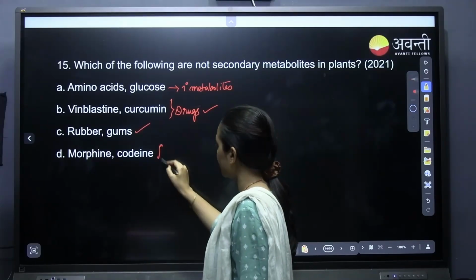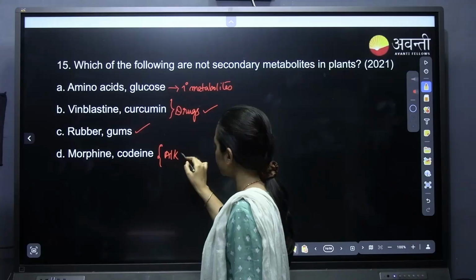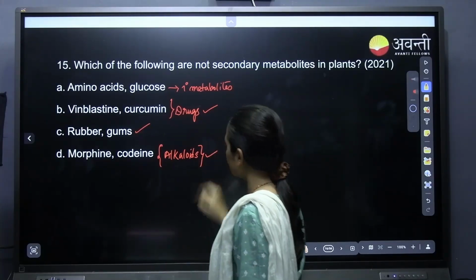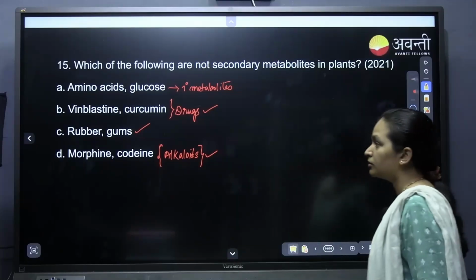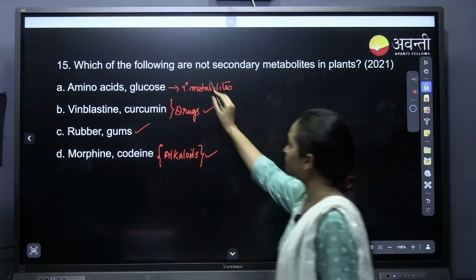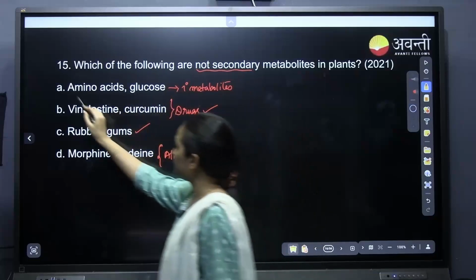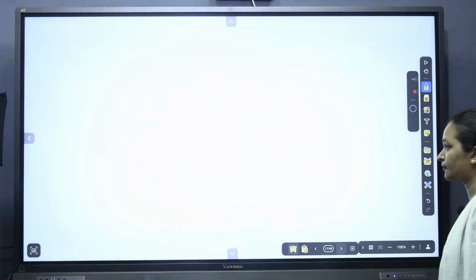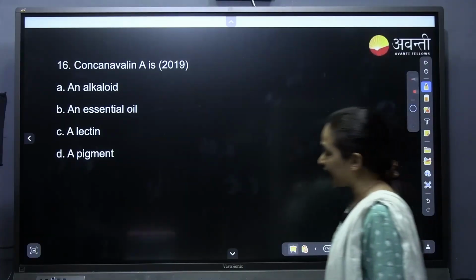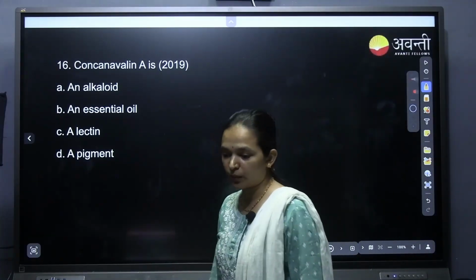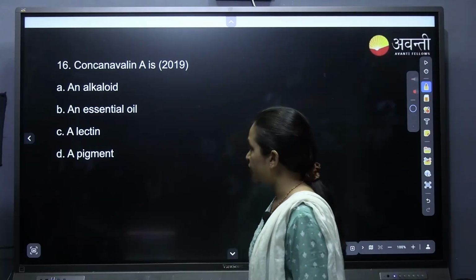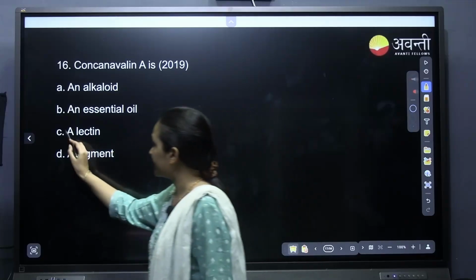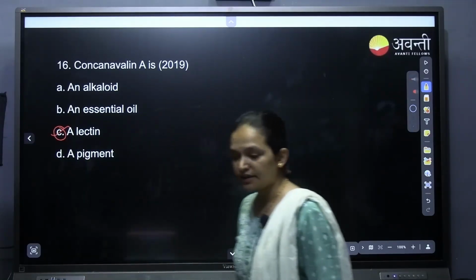Morphine and codeine are alkaloids, also secondary metabolites. Since they have asked which is not a secondary metabolite, amino acid and glucose are not secondary metabolites. Next, a direct question: which secondary metabolite is concanavalin A? It's a lectin.